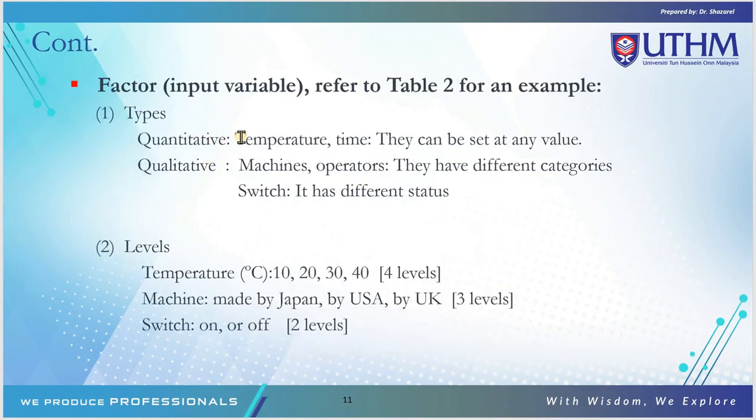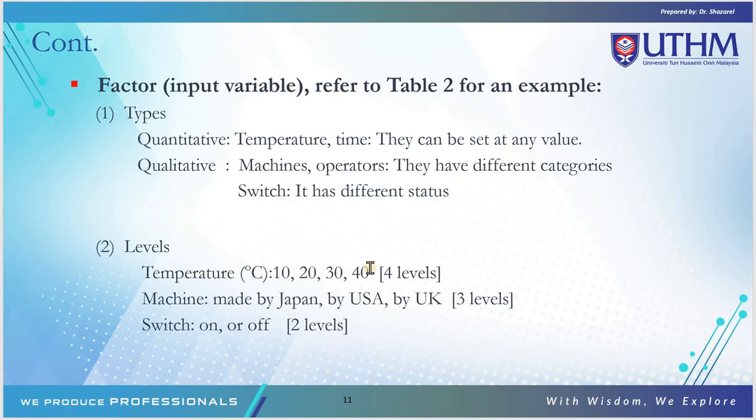Other examples of quantitative factors are temperature and time, where we can set the value. Qualitative is the machine operator, so there are different categories. Another example is a switch, whether it is on or off, which is also a qualitative factor.